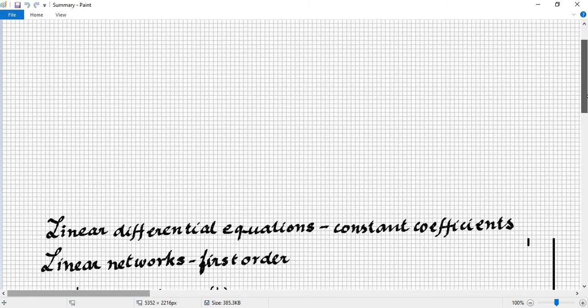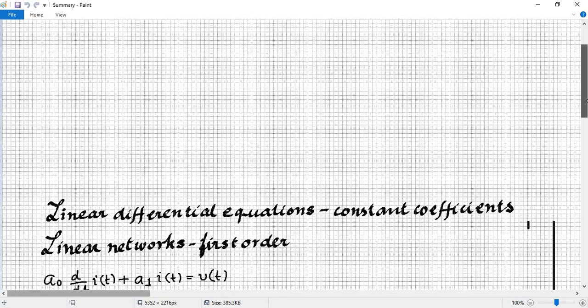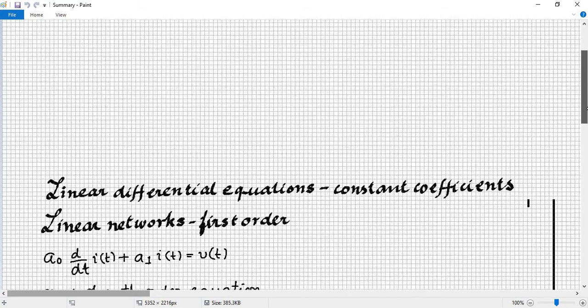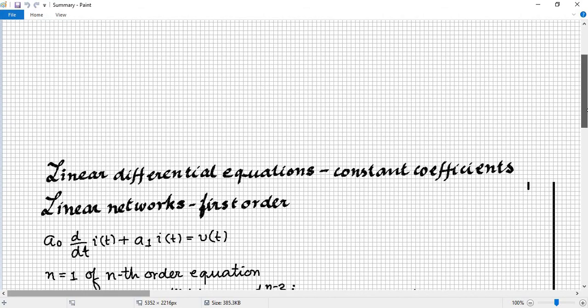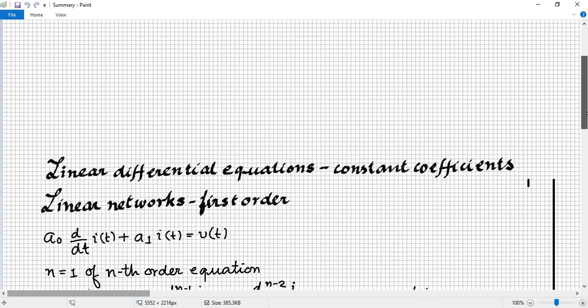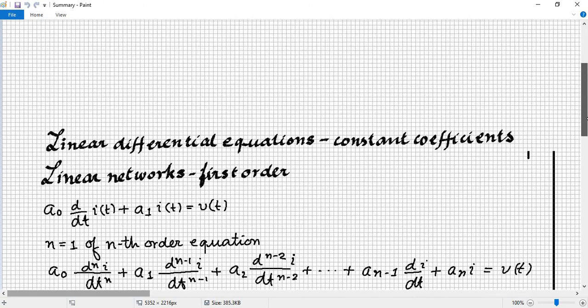This can be written as this differential equation. It is the form for n equal to 1 of the nth order equation, which is this one: a naught times the nth order derivative of i, plus a1 times the (n minus 1)th order derivative of i, and so on.